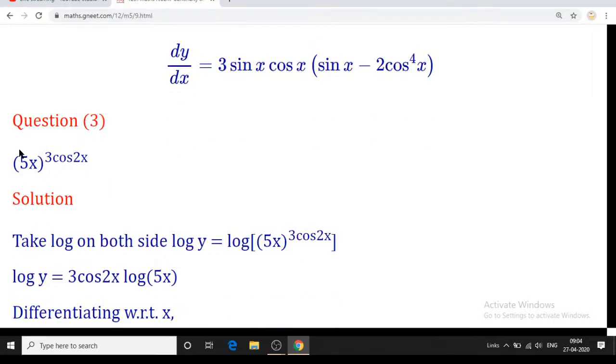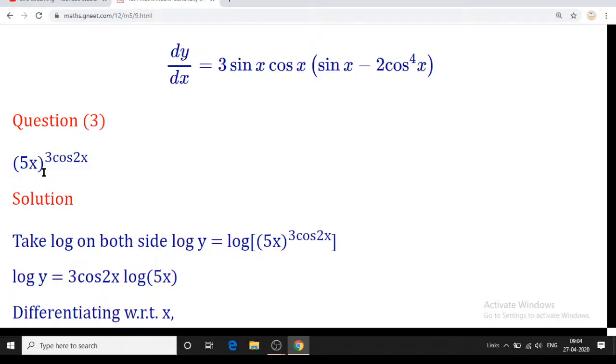Here the third question is given as (5x)^(3 cos 2x). Because this is a variable raised to a variable, we have to take log on both sides.